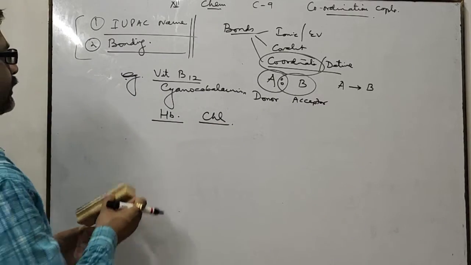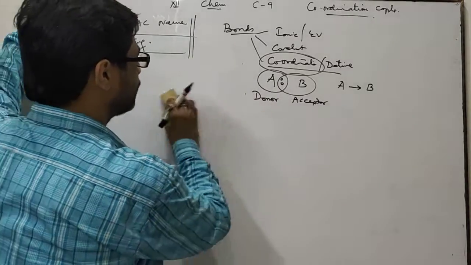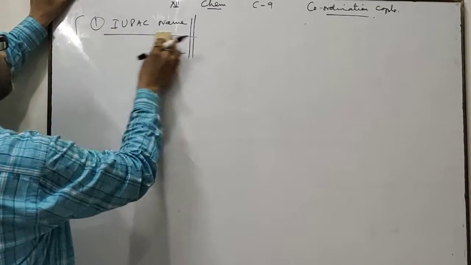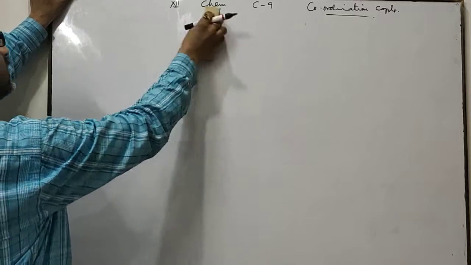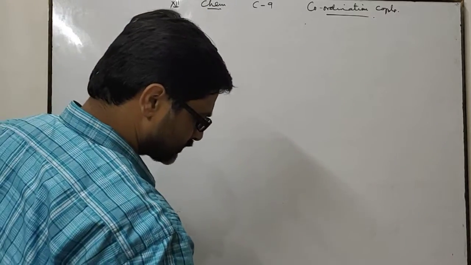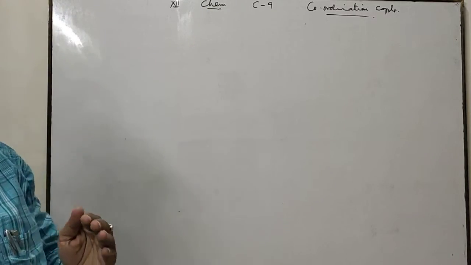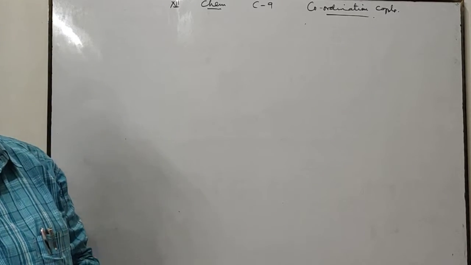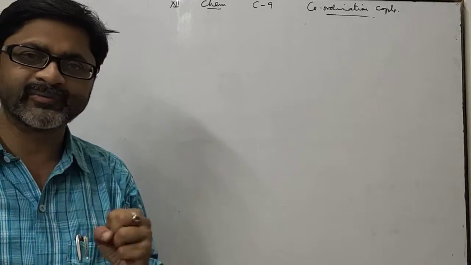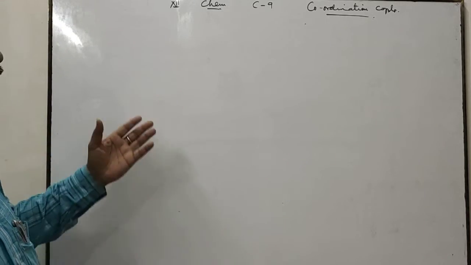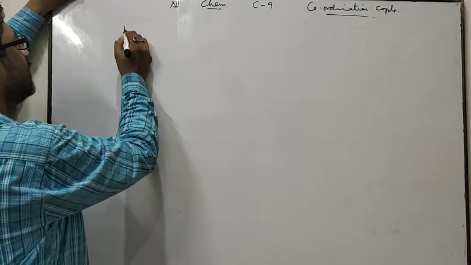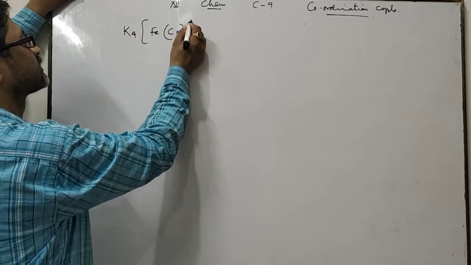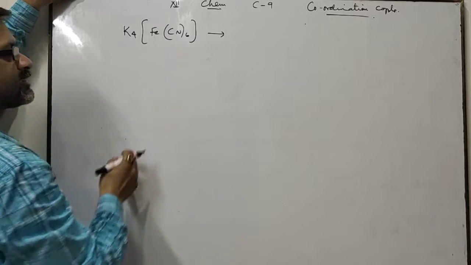What are coordination compounds? Those compounds which have their identity in aqueous solution as well as in solid state. Means those compounds which do not ionize in water, which keep their identity in aqueous solution as well as in solid state, are called coordination compounds. For example, K4[Fe(CN)6]. Here a big bracket is present.